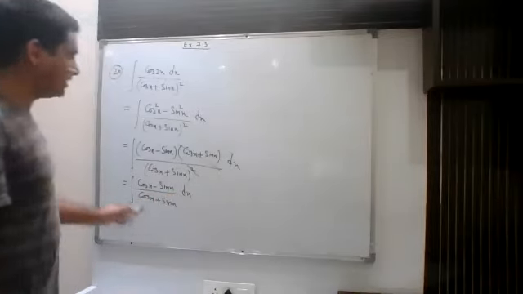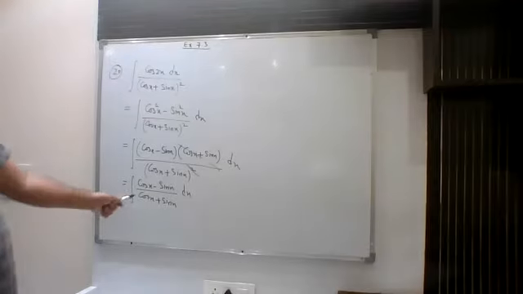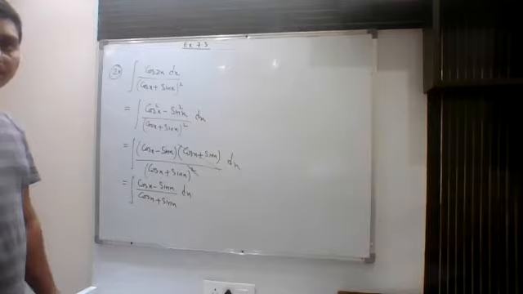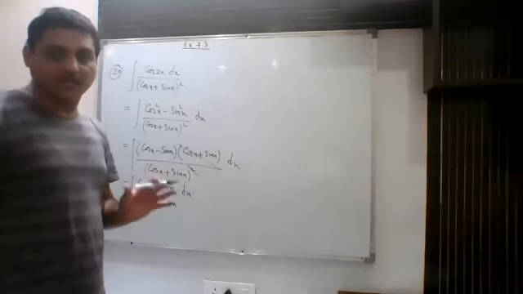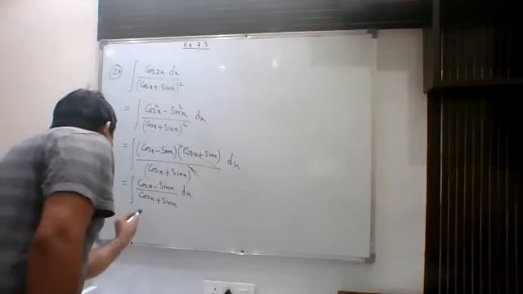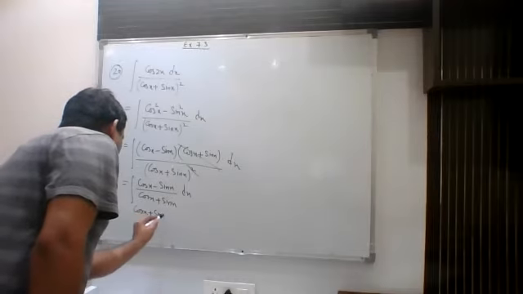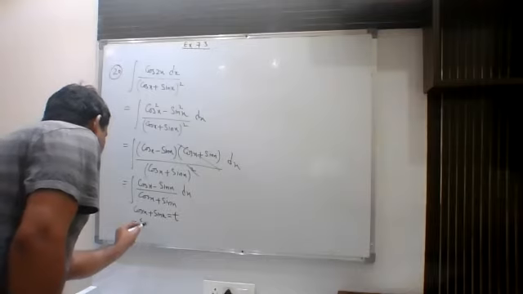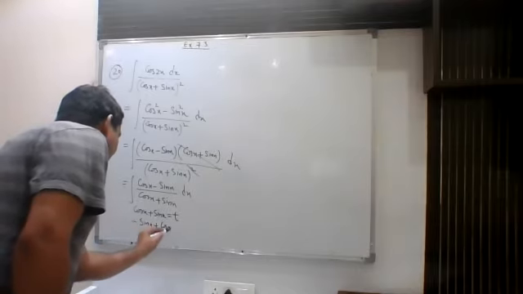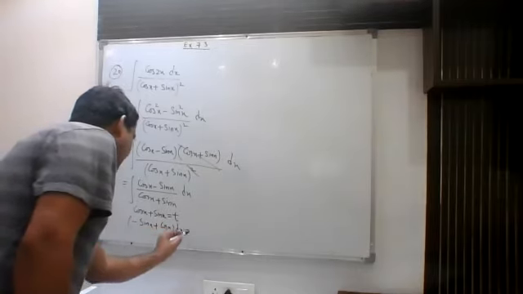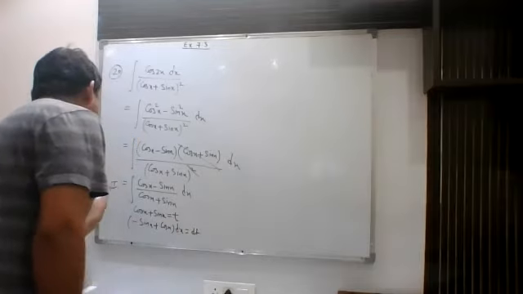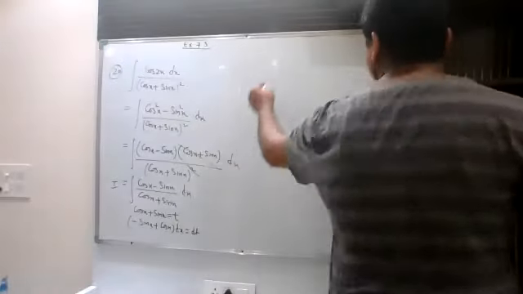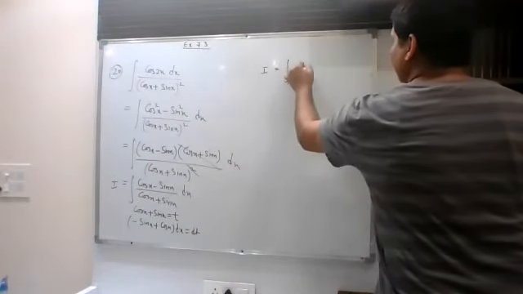Now it's a direct question based on the substitution method. You will simply substitute the denominator as t. So cos x plus sin x is equal to t. When you differentiate this, it will be (minus sin x plus cos x) dx equal to dt. So the actual question can be written as the integral of dt upon t.